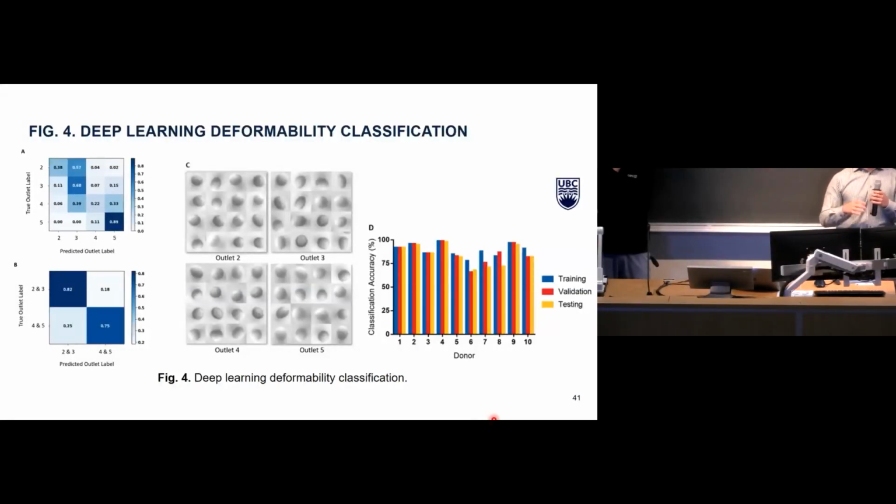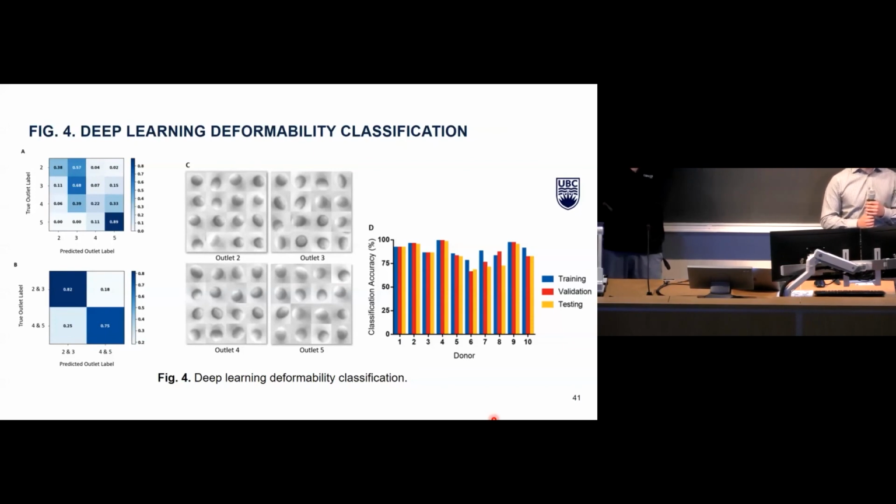But we found that for purposes of comparing different donors to each other, when not all the donors had cells sorted to all these outlets, pooling them in this manner made it so that we had consistent quantification analyses at the very end for what is a rigidity score for each donor. We could apply the same method to all donors, and hopefully that'll get us to a point where we can evaluate red blood cell deformability for any new donor, because this is now a standardized implementation that should be applicable to every donor.